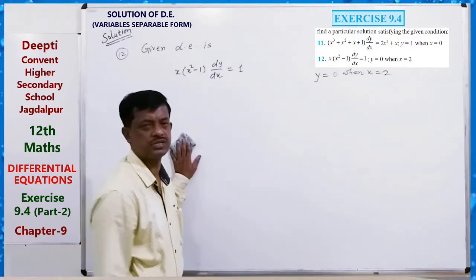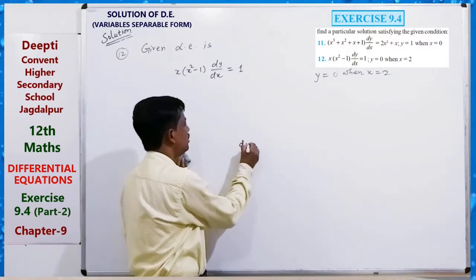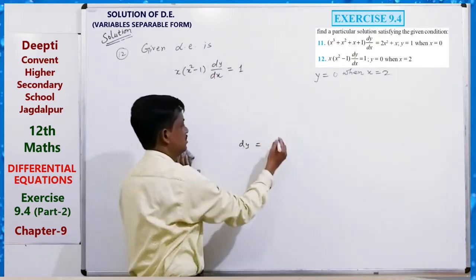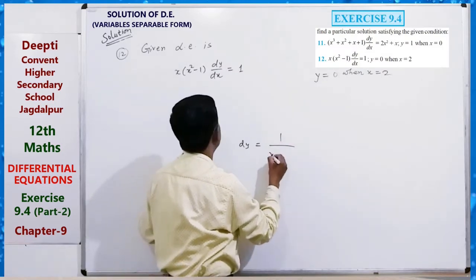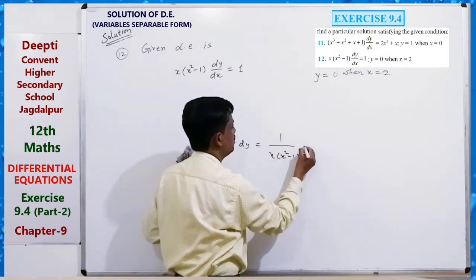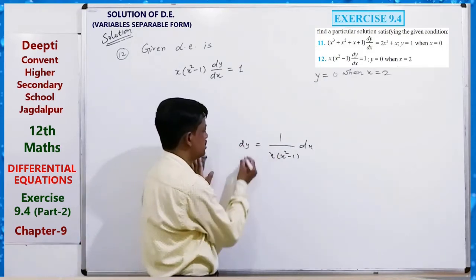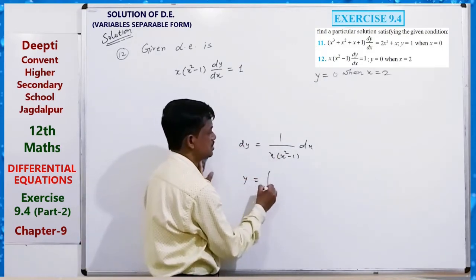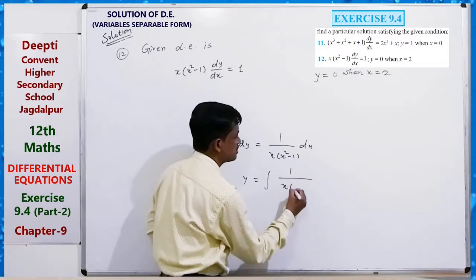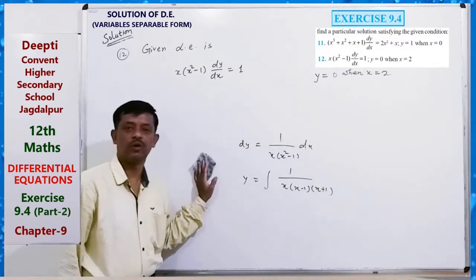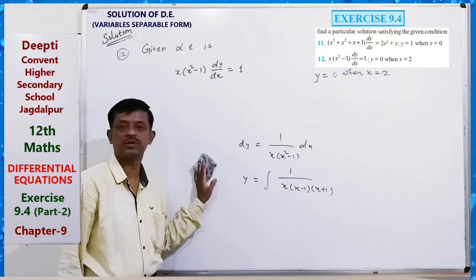Here this question is very simple, just like the previous question. What can we write? dy equals 1 upon x squared minus 1 dx. Integrating both sides, y equals the integration of 1 upon (x minus 1)(x plus 1) dx plus c. x squared minus 1 can be factorized as x minus 1, x plus 1.